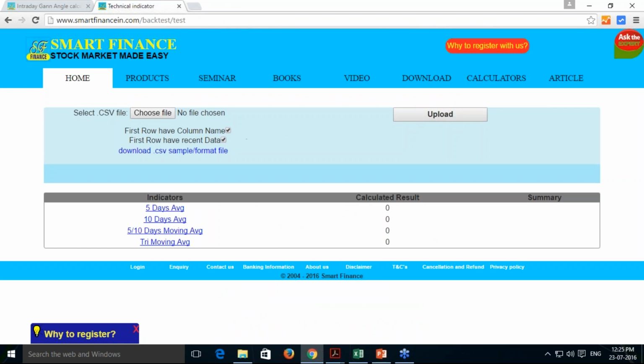So now, using this particular concept of technical studies, we are in the process of developing a tool wherein you can just upload one price data file in CSV format from your computer. Last traded price should be there. Then you can get all these things, and this particular page will be ready in a few days.